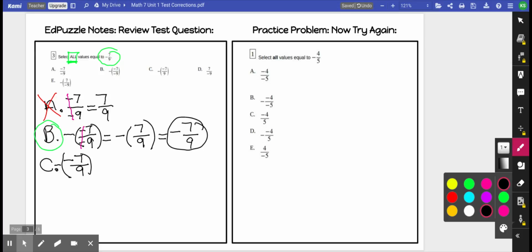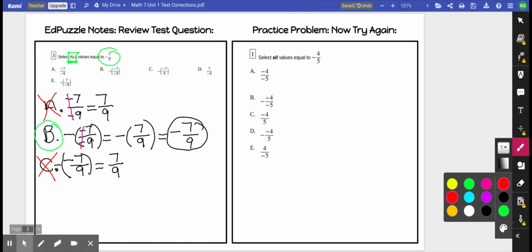You've got to remember that if there is only one negative in the fraction, the fraction is negative. So the opposite of a negative 7 over a positive 9 would be a positive 7 over a positive 9. We're not looking for a positive 7 over 9, so C is not one of our answers.